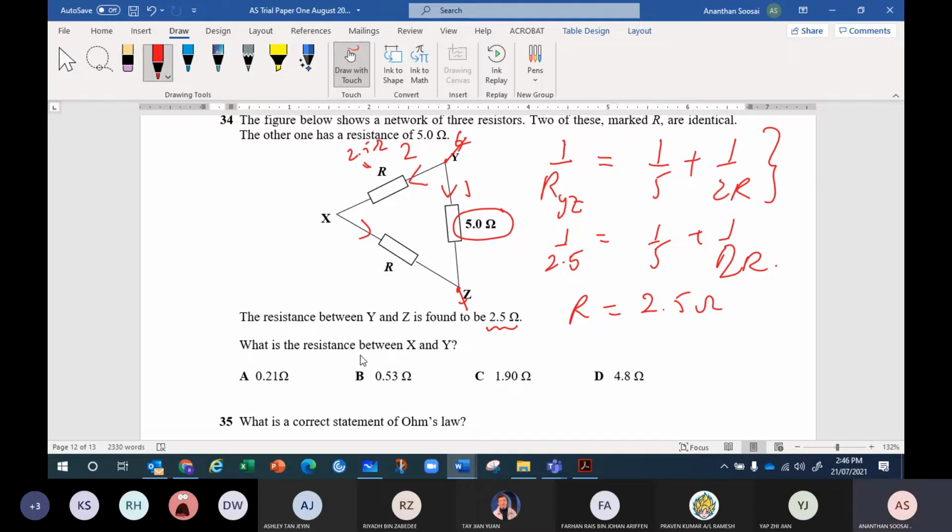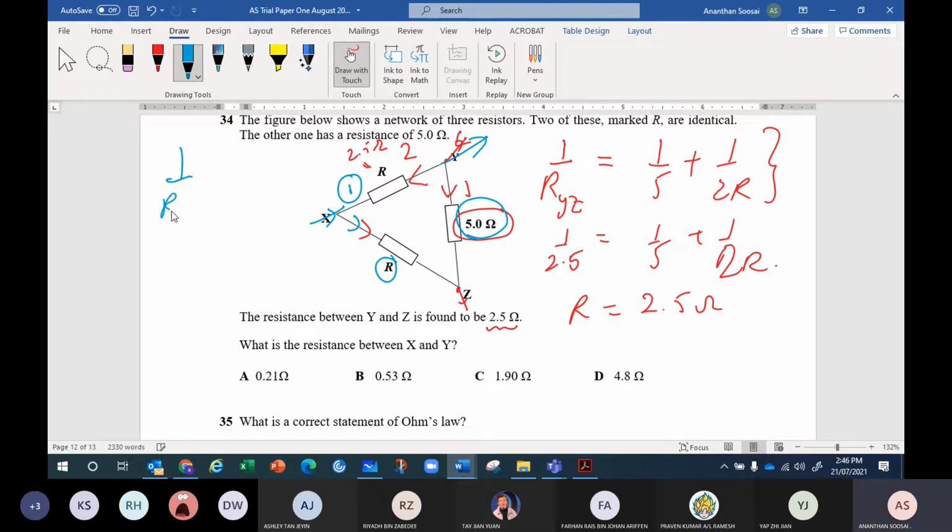Now what is the resistance between X and Y? Now you start your journey at X and finish at Y. What is the new route? The first route has a resistance of 2.5 ohm. The second route has R and 5 ohm. These two are parallel.